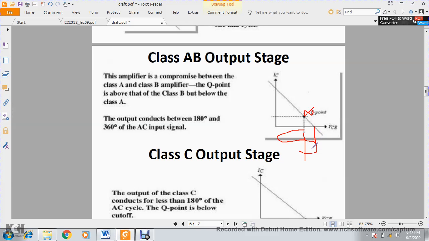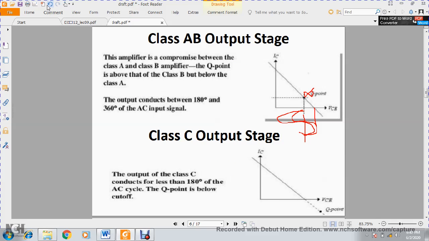For a negative cycle you get a clipped portion, and this depends upon the input voltage you apply. If the input voltage is very small, then you get an output voltage something like this, where you get a complete 360-degree output. So based on the need, one is going to choose class A, class B, or class AB power amplifiers.